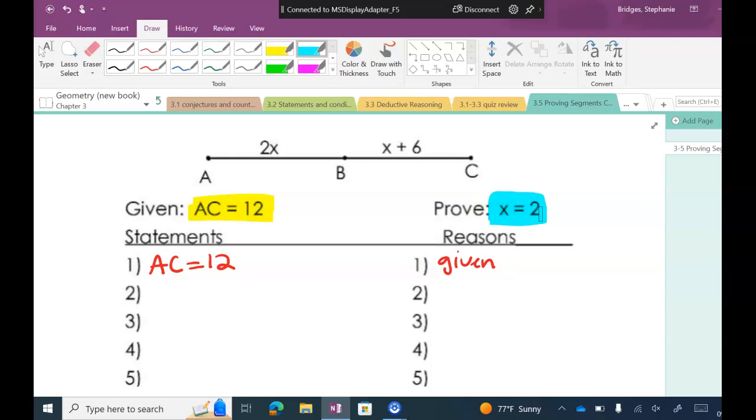Is everybody ready? Okay. Now, other than knowing that AC equals 12, am I given any other information? Am I given a picture? Yes. So your picture is part of your information. So if you don't have enough given to you in your words, you have to then look at your picture. What else can you tell me about AC?